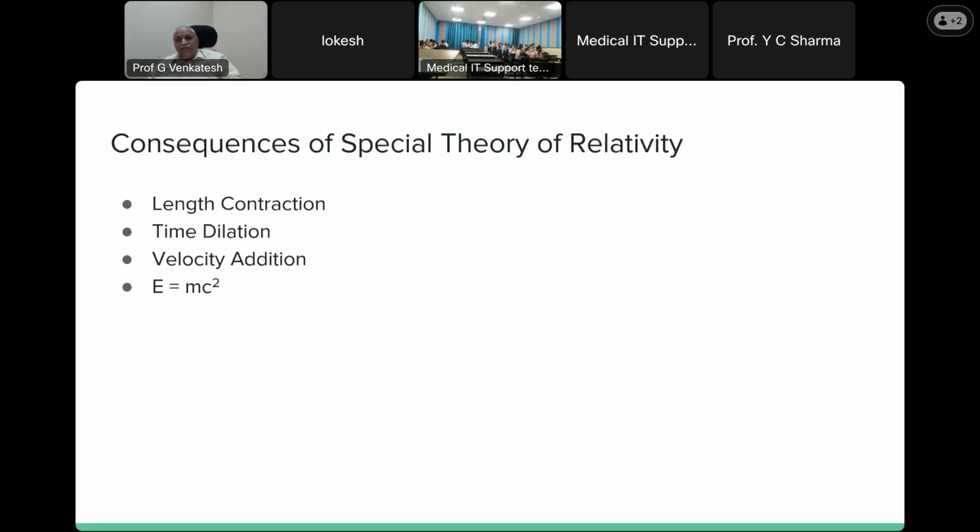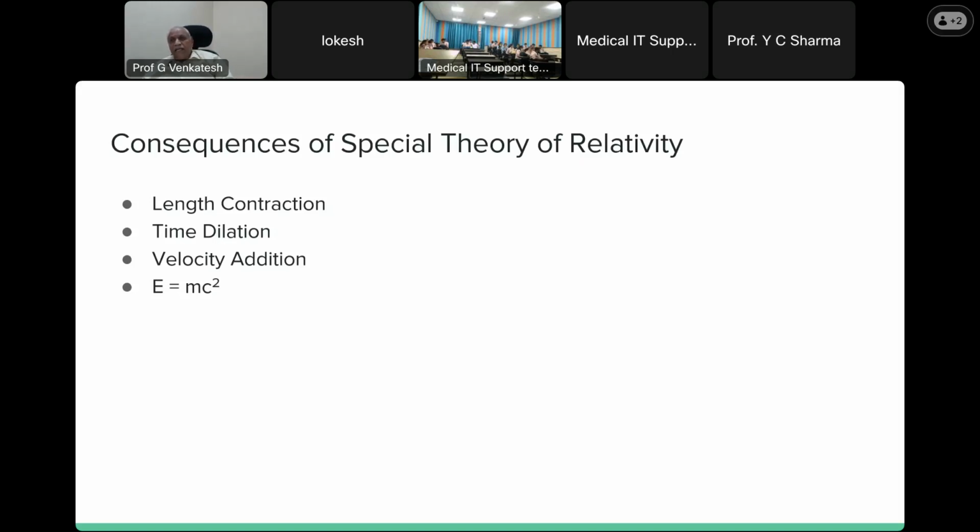And in addition to this, a very interesting result is the velocity addition. Now, if you think of normal velocities in Newtonian mechanics or in Galilean transformations, they add up simply. If V1 and V2 are the velocities of two objects moving in the same direction or in the opposite direction, then the relative velocity is V1 plus or minus V2.